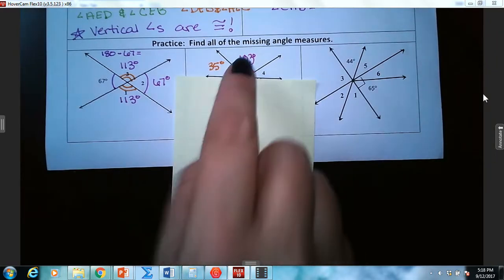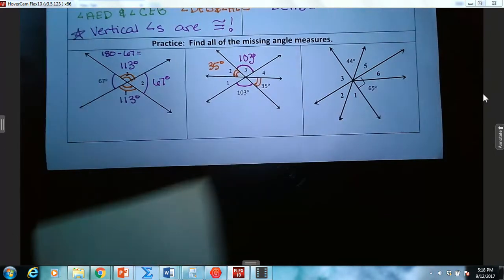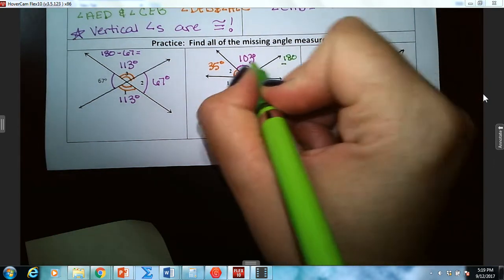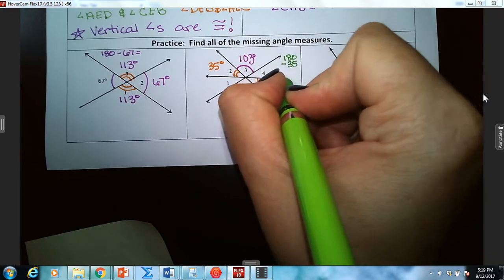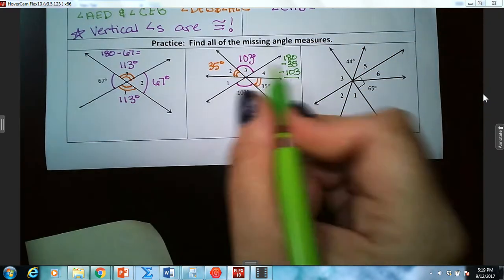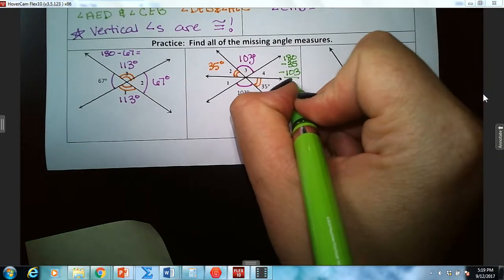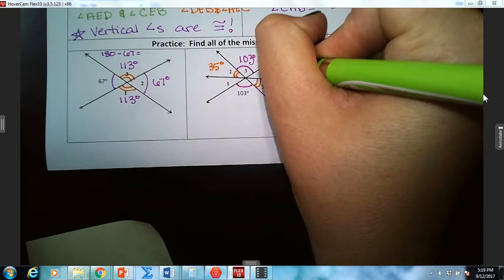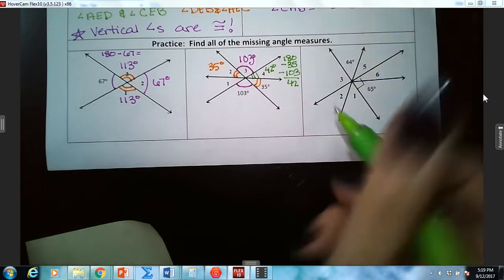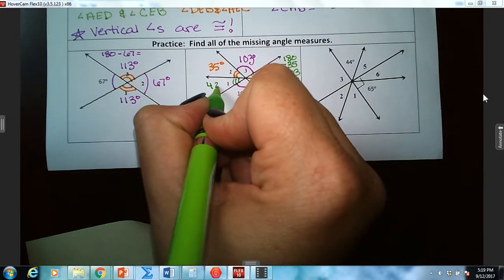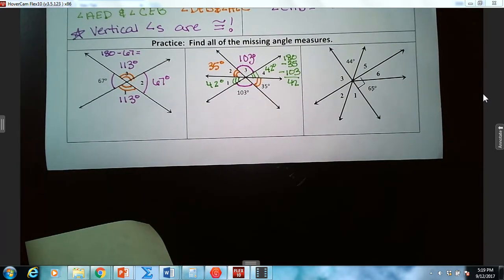So in order to find angle 4, we need to subtract these other 2 from 180 degrees. 180 degrees, subtract away the 35, subtract away the 103, and whatever is left is angle 4. I'm getting 42 degrees. So angle 4 is 42 degrees. And its vertical partner is also 42 degrees. Ooh, that's a toughie. Lots to keep up with there.